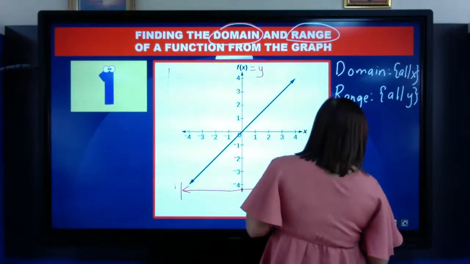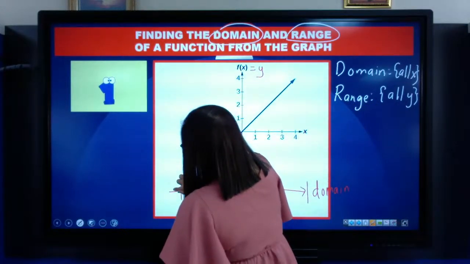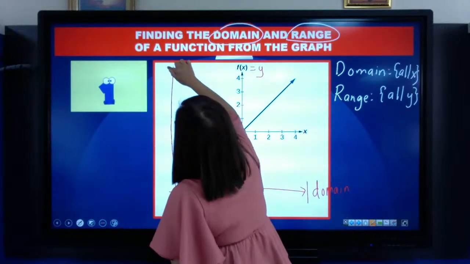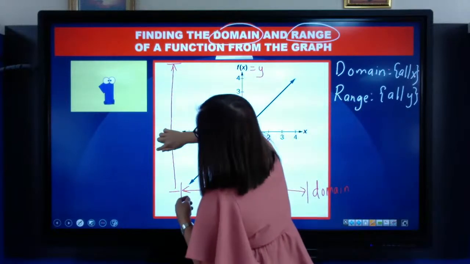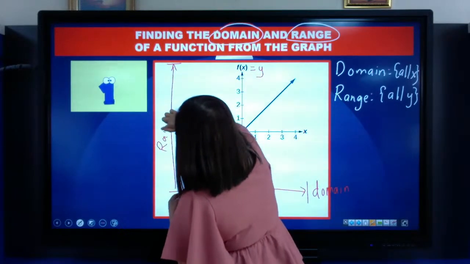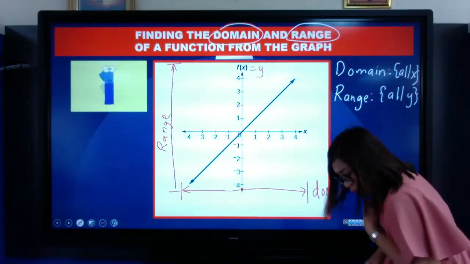For your range, it is from here up. So this is for range. All y, all possible values of y.